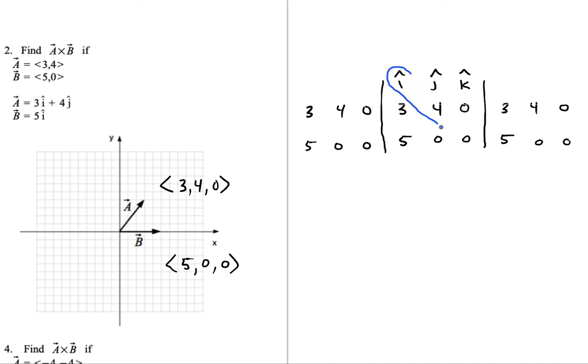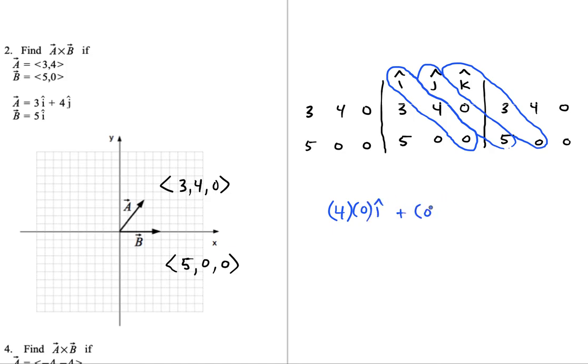Now we'll go with that forward diagonal plus that forward diagonal plus that forward diagonal. So that's going to be 4 times 0 i, plus 0 times 5 j, plus 3 times 0 k.